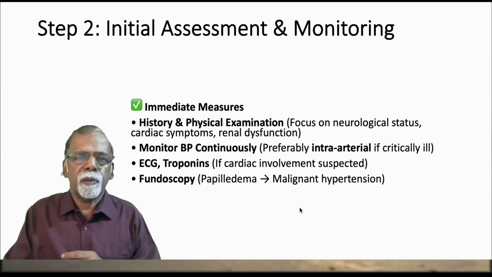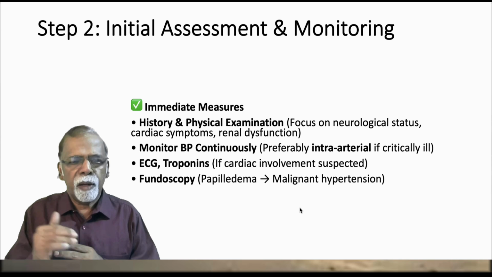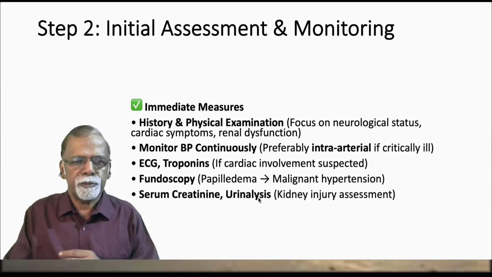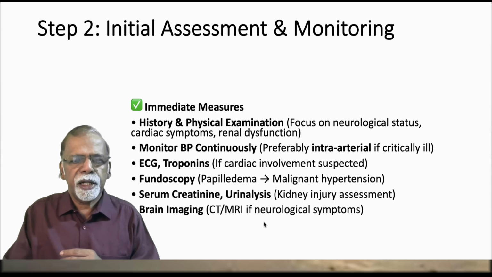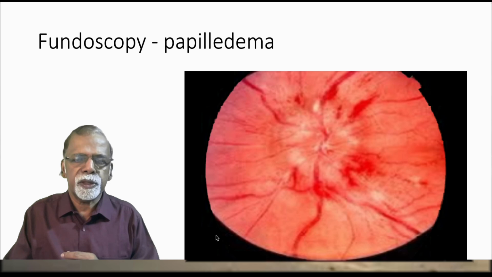Fundus should be examined for papilledema. Presence of hypertension with papilledema due to hypertension is called malignant hypertension. Do a serum creatinine and urine analysis for kidney assessment, and brain imaging, CT and MRI. This patient also has headache and confusion, so a CT is also indicated.